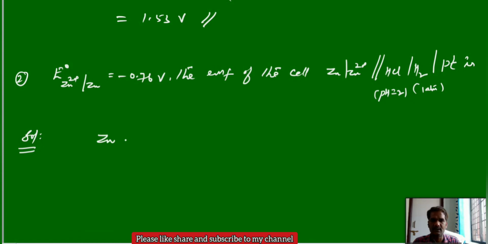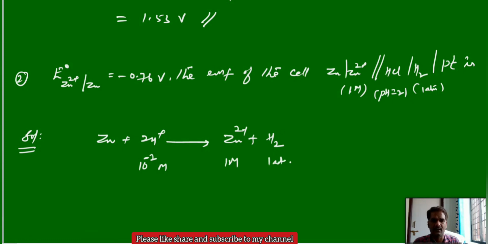This is zinc plus 2H plus gives zinc 2 plus and H2, where the H plus concentration is 10 power minus 2 molar, the zinc 2 plus concentration is 1 molar, and the partial pressure of hydrogen is 1 atmosphere.